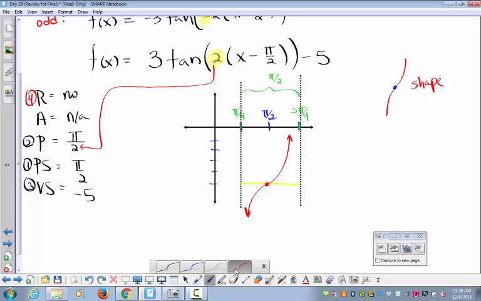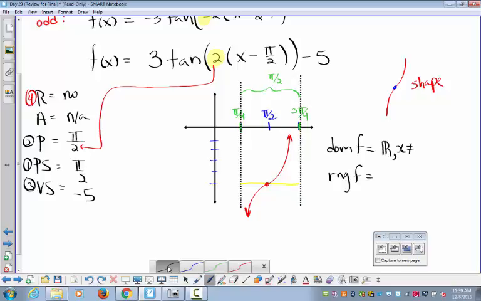That's the first period of the transformed tangent. Domain of that?